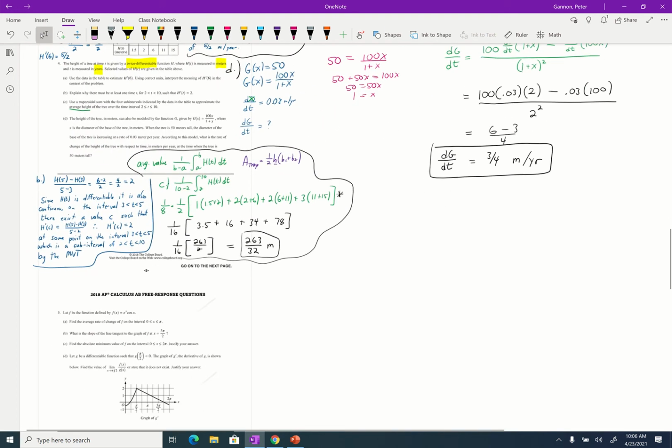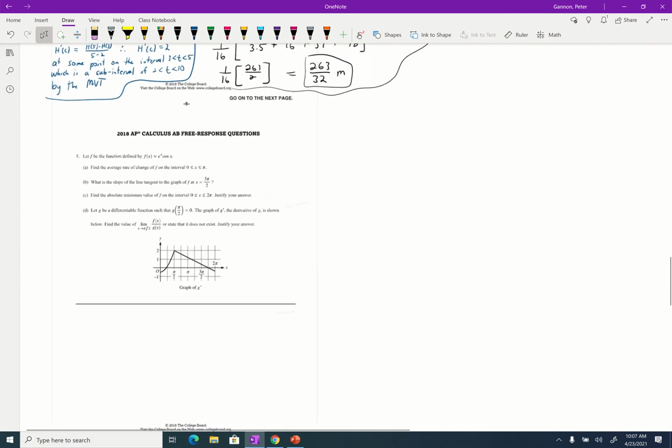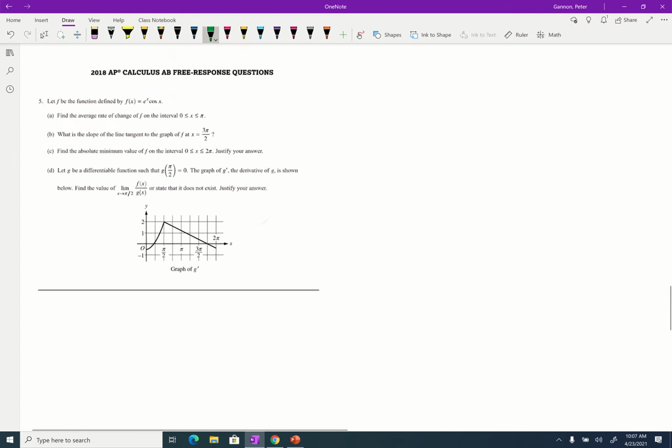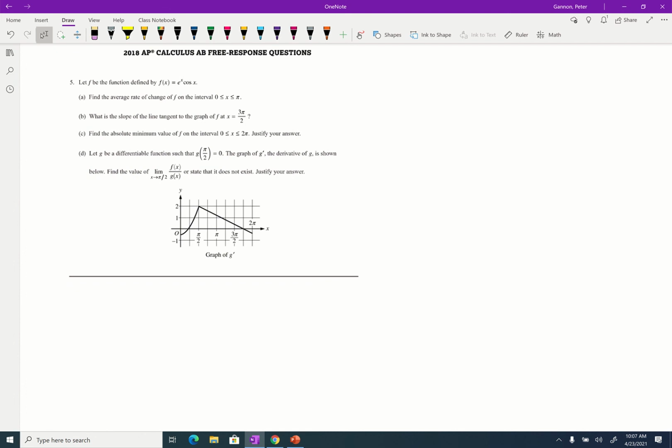All right, let's go ahead and move on and take a look at number 5. So for number 5, it says to let f be a function defined by f of x equals e to the x times cosine of x. Part A is find the average rate of change of f on the interval from x greater than or equal to 0 and less than or equal to pi.